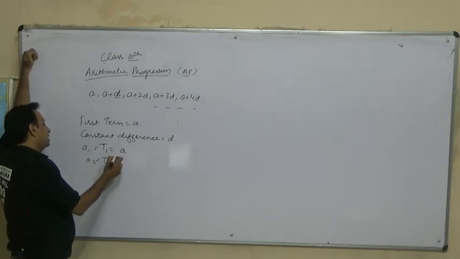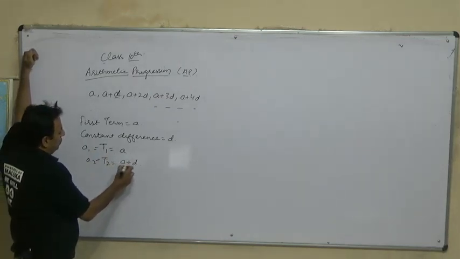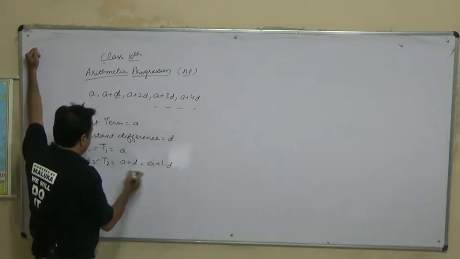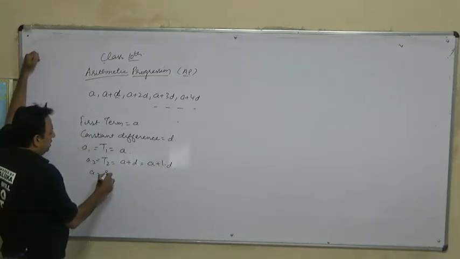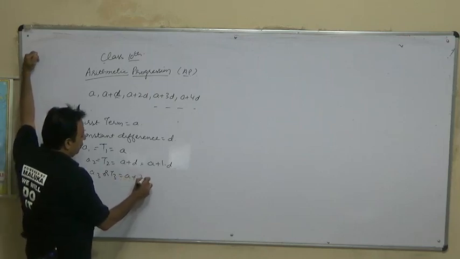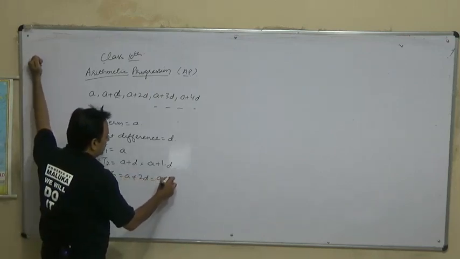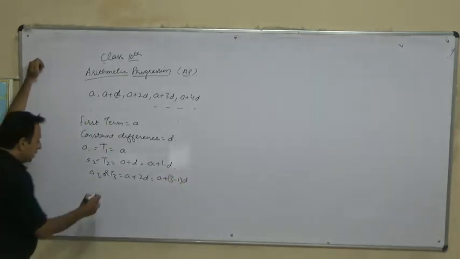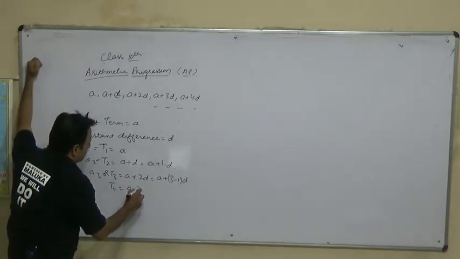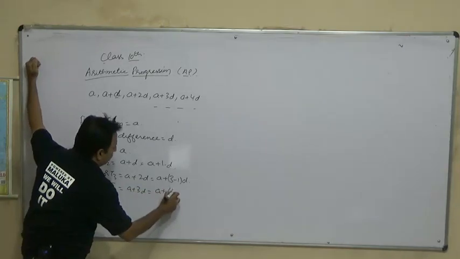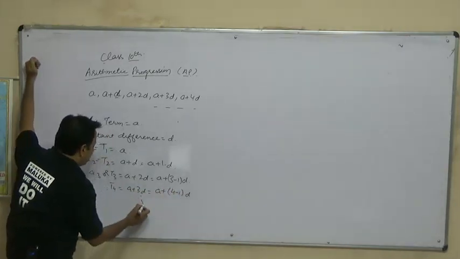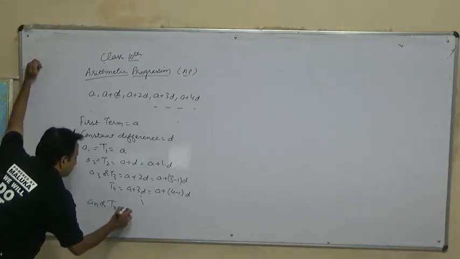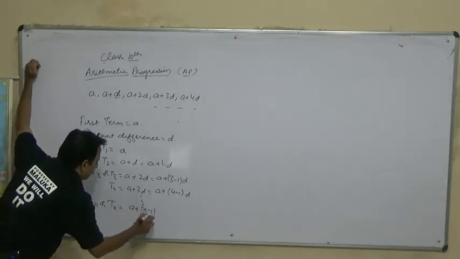Now when we add D, the constant difference, this will be A plus D, or A plus 1 into D. Then A3 or T3 is given by A plus 2D, or A plus 3 minus 1 into D. Then T4 can be given as A plus 3D, or A plus 4 minus 1 into D. Likewise, if you want to write An or Tn, it will be A plus n minus 1 into D.